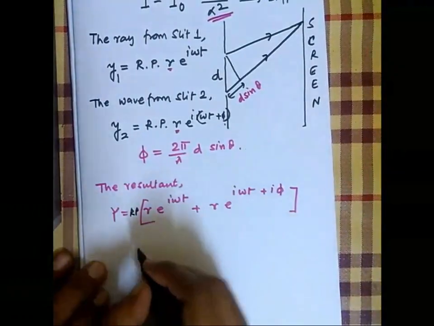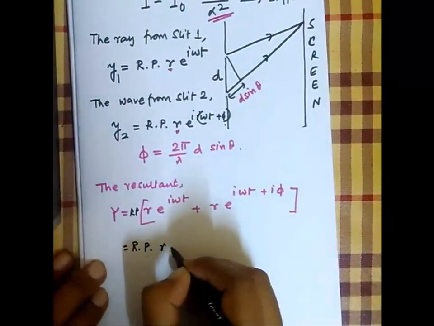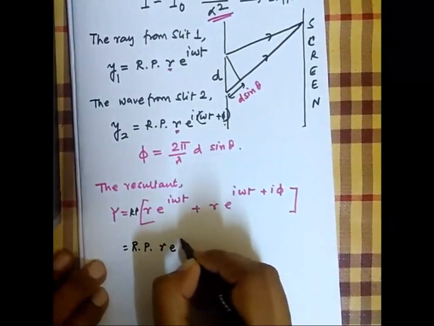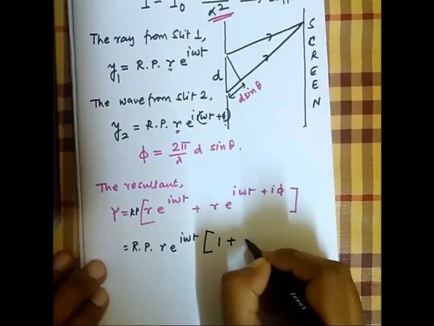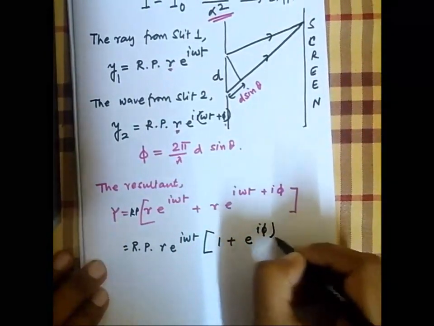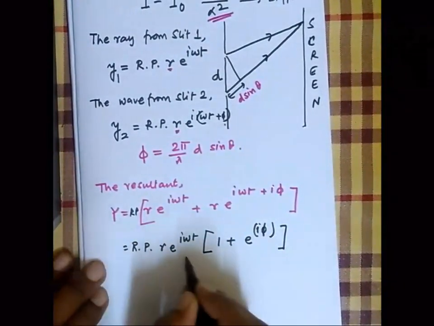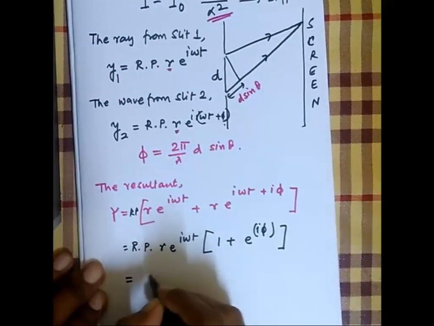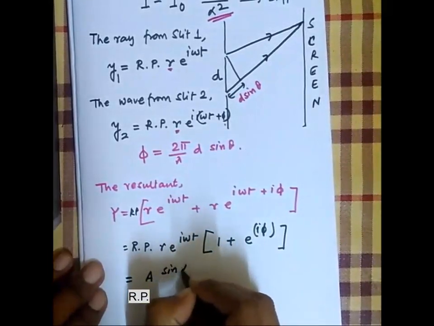Now I take common a few things, so it will be real part of r e to the power i omega t, and left inside is 1 plus e to the power i phi. Okay, so what is this r? This I know as sine alpha by alpha.